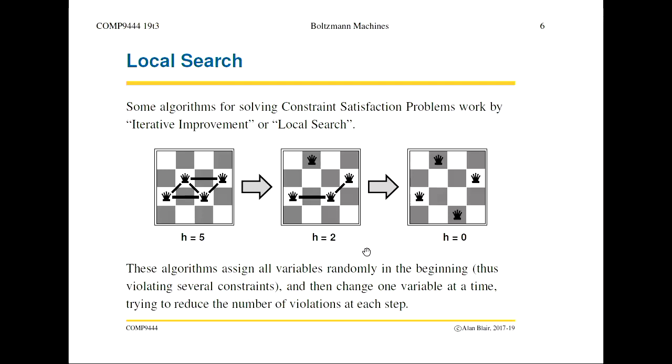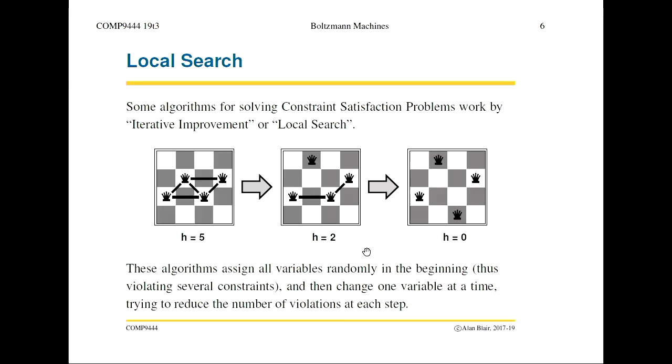So we randomly pick one of the queens and we want to move it somewhere on the same column, and we look at all the possible places on that column and find the one that violates the fewest constraints. By moving that queen up to the top, we remove 3 of the constraint violations, only 2 left, and then if we move that queen down, we remove the other violations.